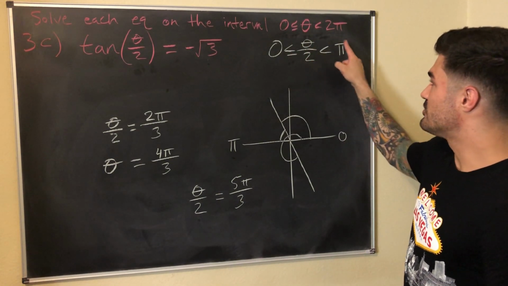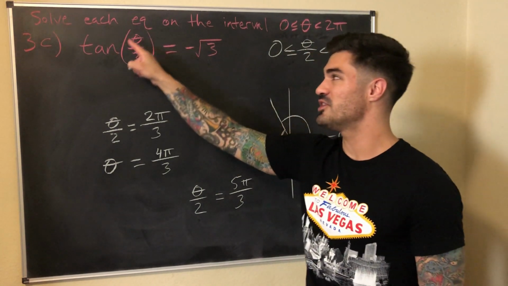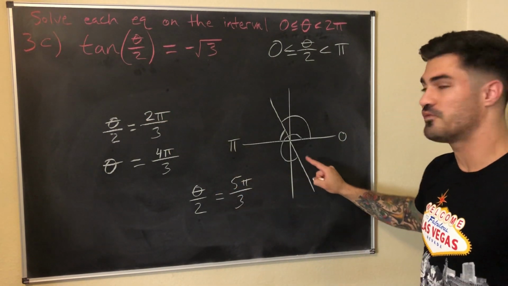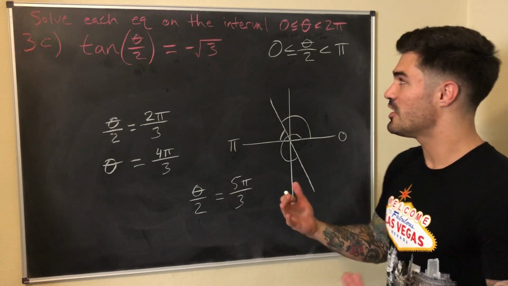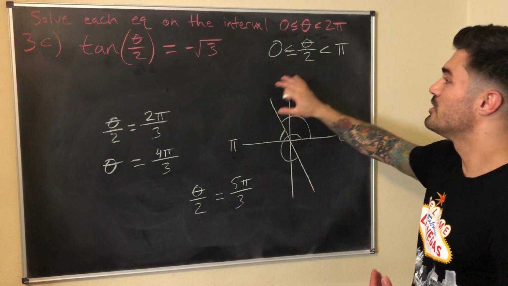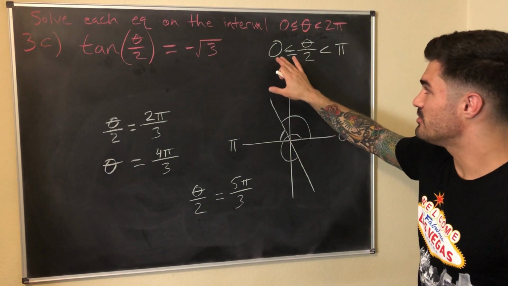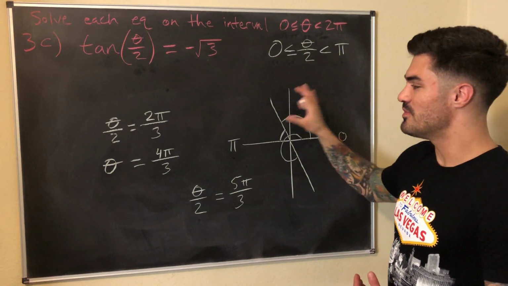So finding the interval for the argument actually does that work for us. We don't need to guess or think about whether there are more solutions. We already know that all the solutions for the entire argument are going to be on this interval. That's why I like this method.